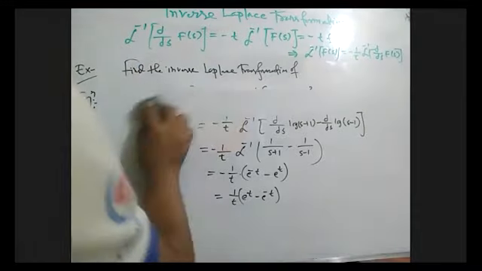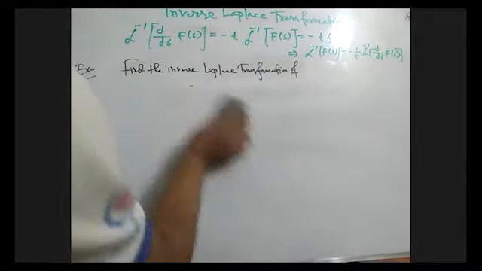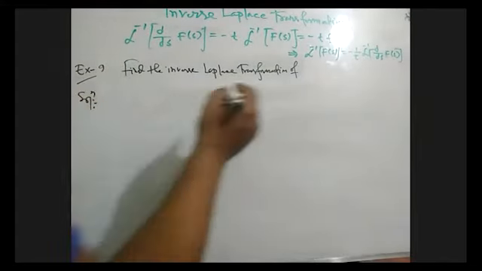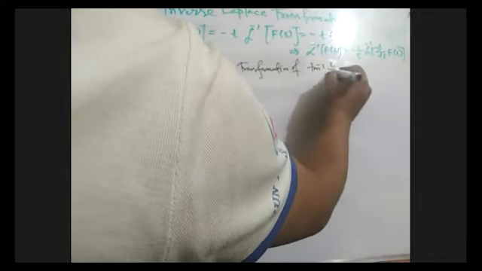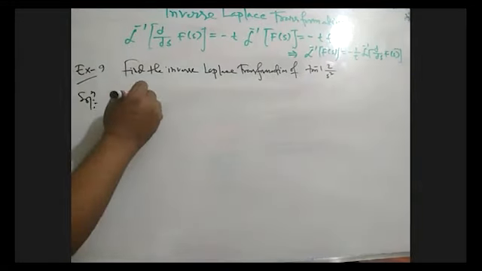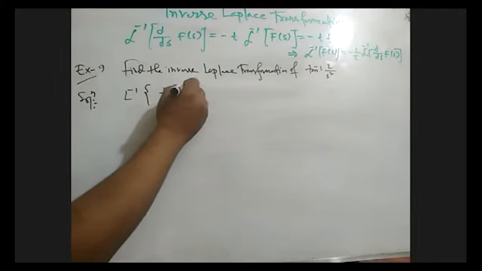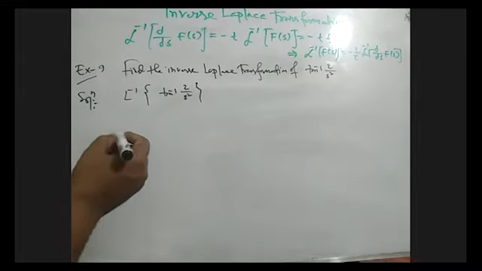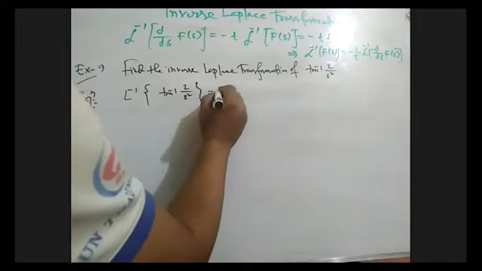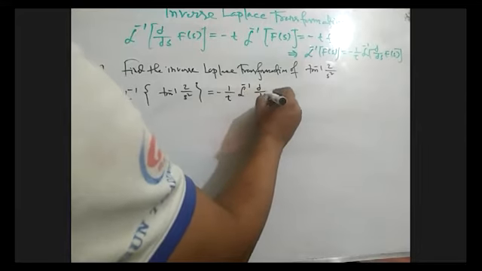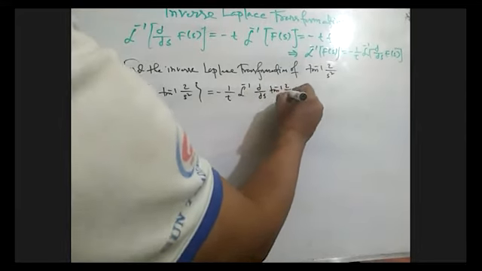Using this property, it can be written as minus 1 by t inverse Laplace transformation of d/ds tan inverse 2 by s square.